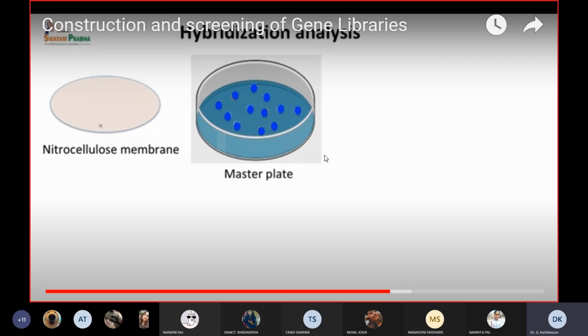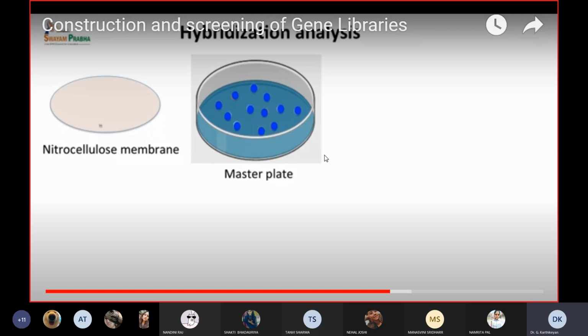It would take a large number, right? Typically, a normal Petri dish that you see here in the lab can have up to about 100 well separated colonies, not more than that. Beyond that, they are so crowded that it becomes very difficult to pick out individual colonies.